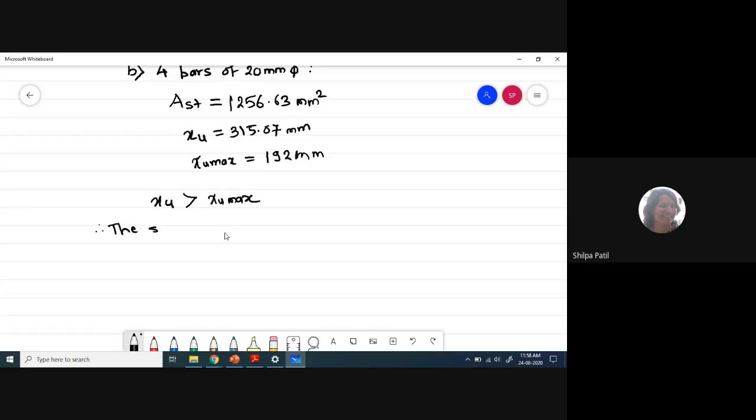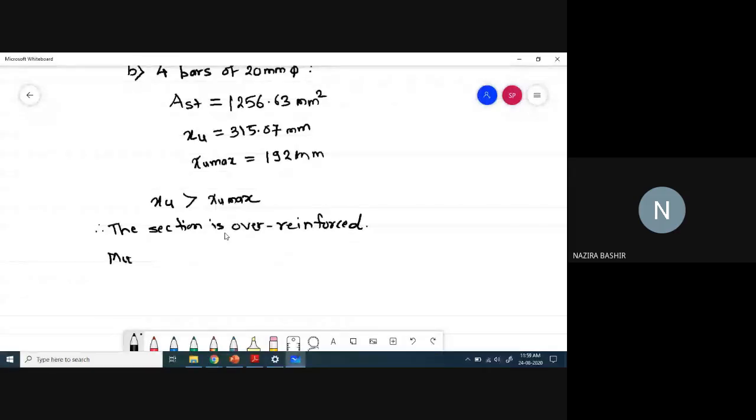Write down in your notebook: the section is over reinforced. So for over reinforced section, how do you calculate MUR? 0.36 fck into b into XU max into d minus 0.42 XU max.